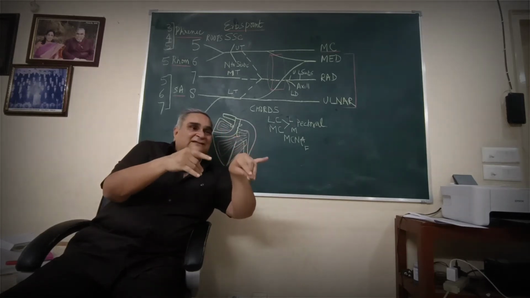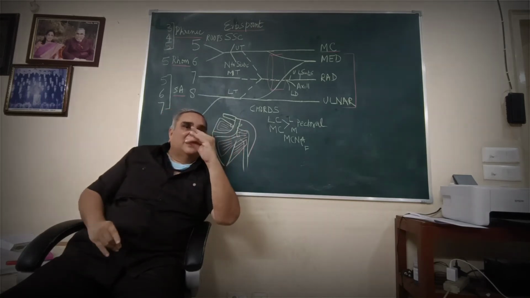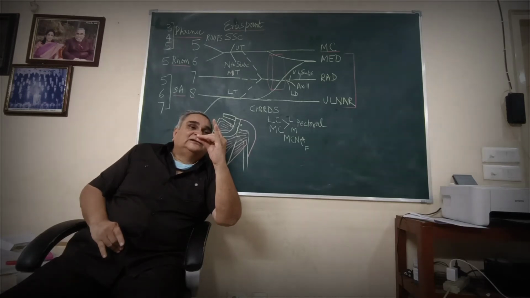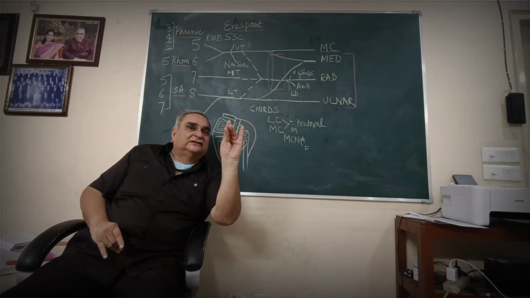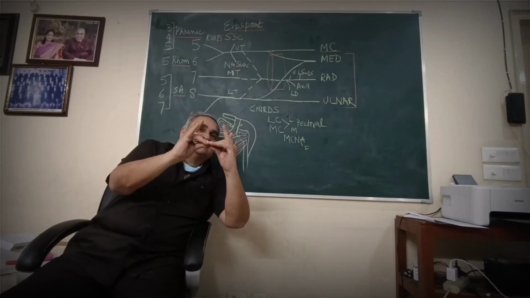Here there is extensor indicis, extensor digiti minimi, which is testing the radial nerve. The lumbrical positive position, MP flexion, PIP, DIP extension, tests the ulnar nerve, and the opponens of the thumb is tested by the median nerve. So simple, this quickly tests the median, ulnar and radial nerves.